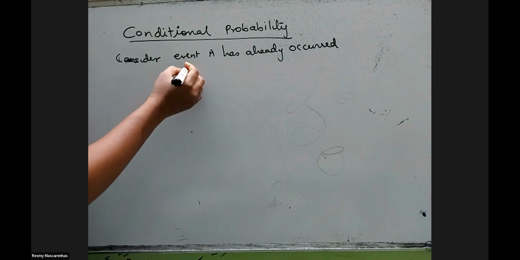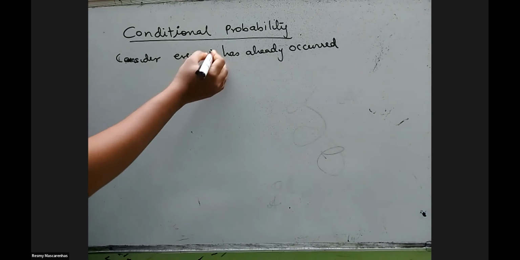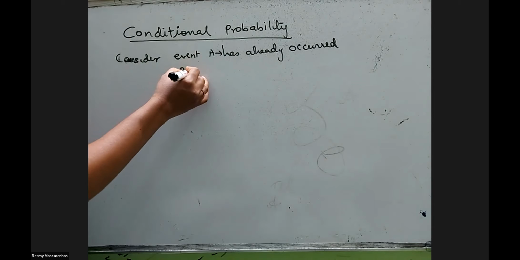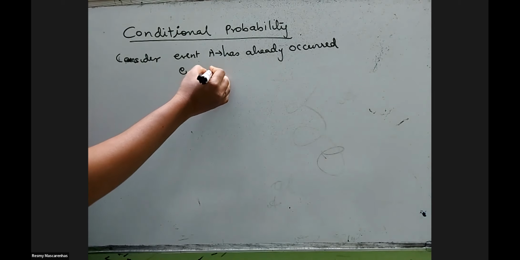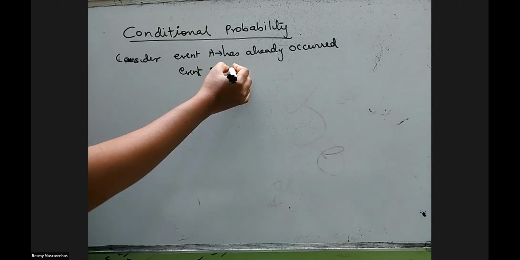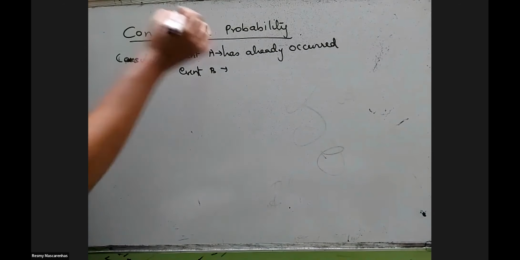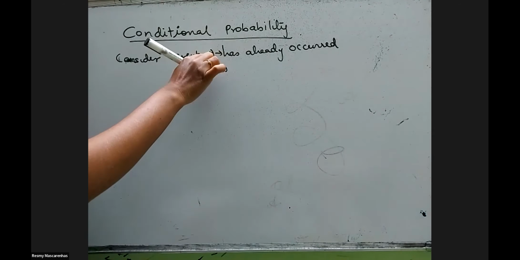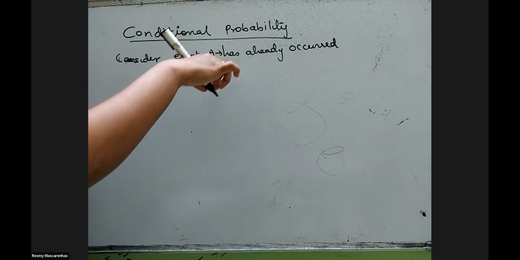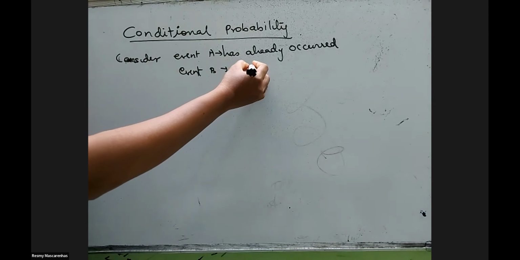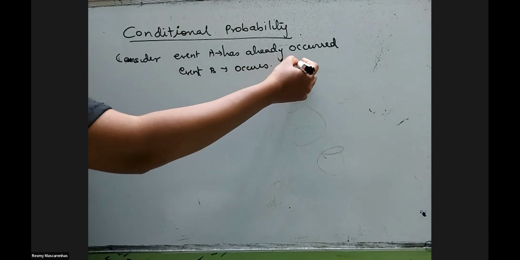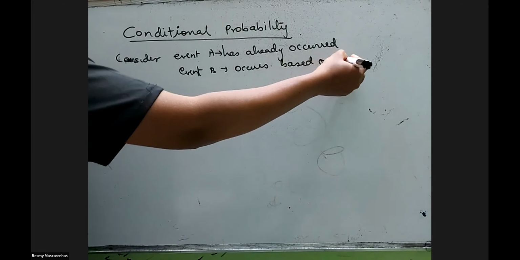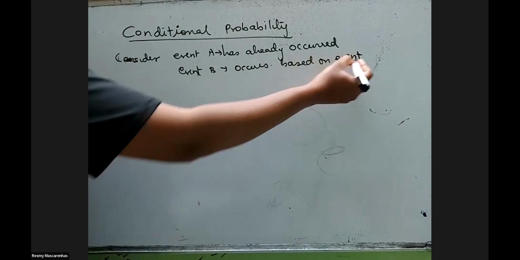So event A has already occurred. Now event B. This is event A, so you can consider this is the first event. Now another event occurs based on event 1 or event A.